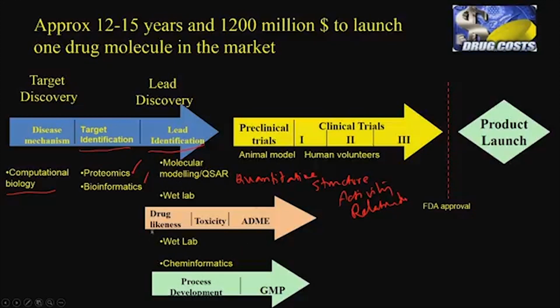Simultaneously I need to understand the properties of the compound, the lead. Drug likeness, does it have the drug likeness properties? Now that means after all it is going to be consumed by humans, so it should not have certain problems, or it should have certain properties like good solubility, good absorption, okay, that is called drug likeness property.